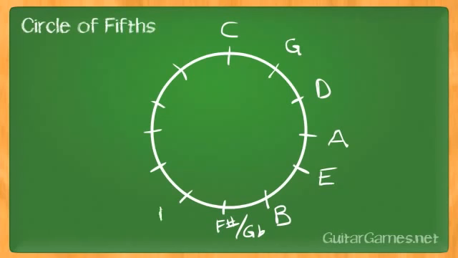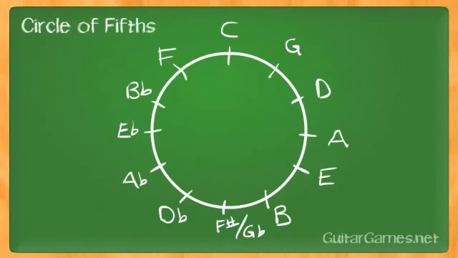And then D flat goes up to A flat, E flat, and we'll keep going here, B flat, F, and if you've done it correctly, you should get F, and then F, a fifth up, is C. So that means success.